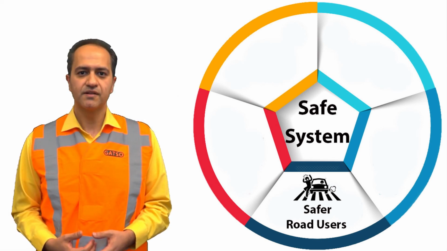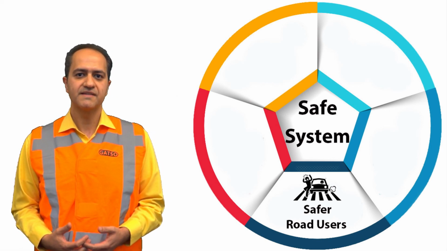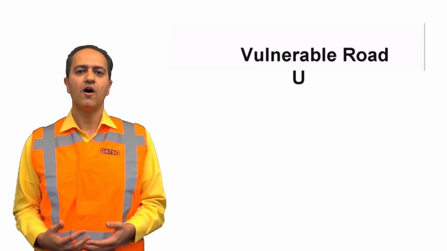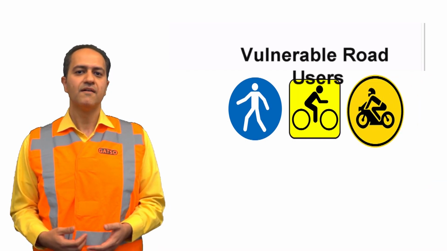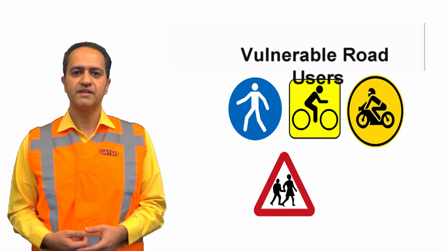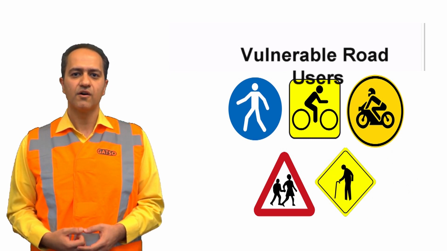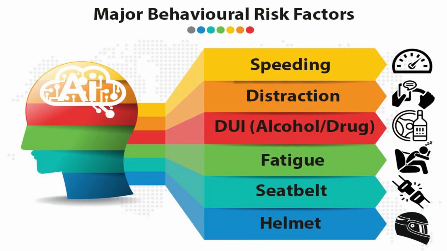The next pillar lays stress on the safety of road users with a focus on safety of vulnerable road users including pedestrians, cyclists, motorcyclists, children, and the elderly. The WHO reports have encouraged countries to implement effective actions to control six major behavioral risk factors affecting the frequency and severity of crashes.